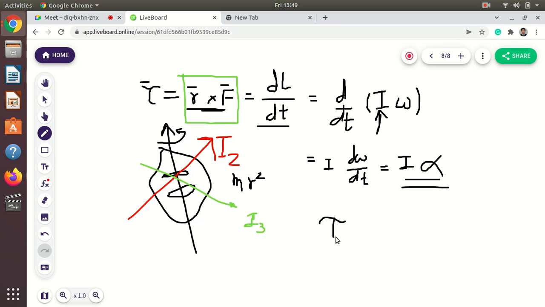Just like we discussed the magnitude of angular momentum, this is r F sin theta, right? We discussed this in detail. So torque can be 0 when r is 0 or F is 0 or the angle is 0, because when the angle is 0, sin theta becomes 0. And it is maximum when theta is 90, then sin theta is equal to 1. In that case, r cross F is maximum.